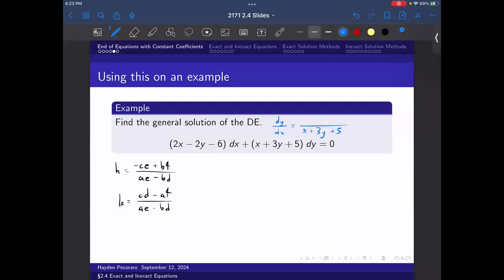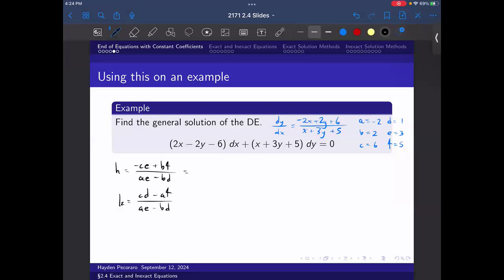And in the numerator, we'll have the negative of this, because we have to subtract it over to the other side. So minus 2x plus 2y plus 6. Okay, so we've got a equals minus 2, b equals 2, c equals 6, d equals 1, e equals 3, and f equals 5.